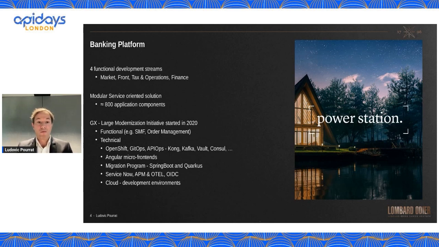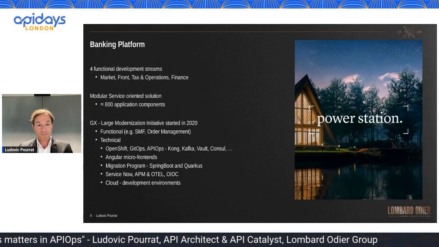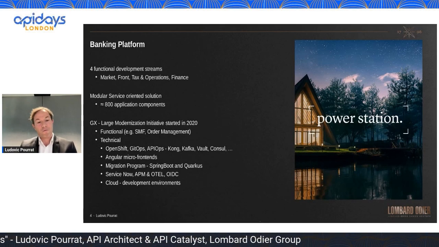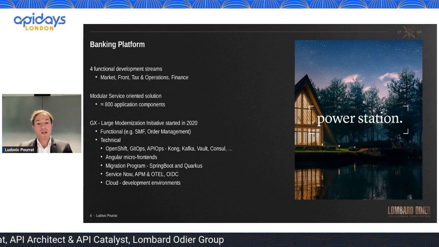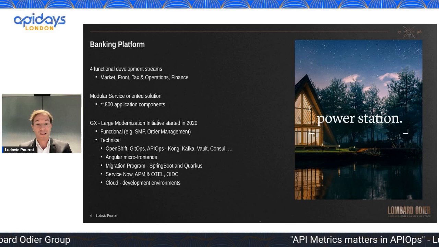A few words about the platform. We have 4 functional development streams: market, front, tax, and operation finance. And we have a quite modular service architecture, which is composed of around 800 components, which is quite huge. In terms of modernization program, we started in 2020 quite a large one, which targets both functional and technical aspects.